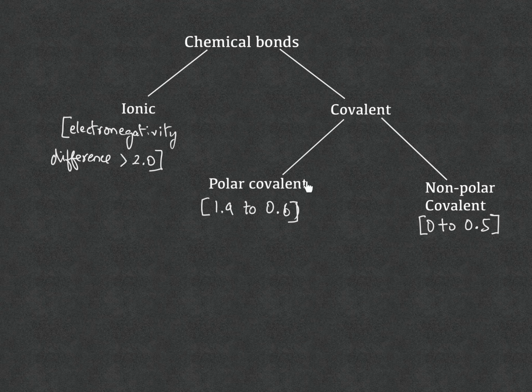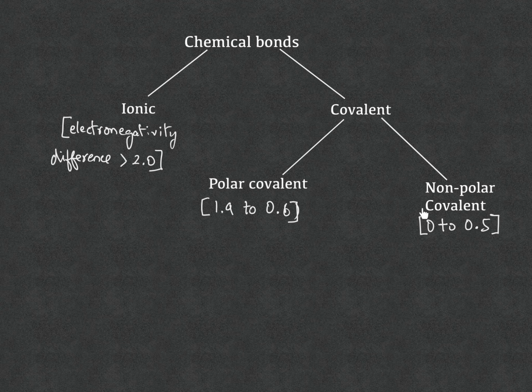Covalent bonds, however, are of two kinds. They're called polar covalent bond and non-polar covalent bond. The difference between these two we will go over in greater detail when we learn about hydrogen bonding. For now, we just need to remember that if the electronegativity difference is between 1.9 to 0.6, then you will consider that as a polar covalent bond.